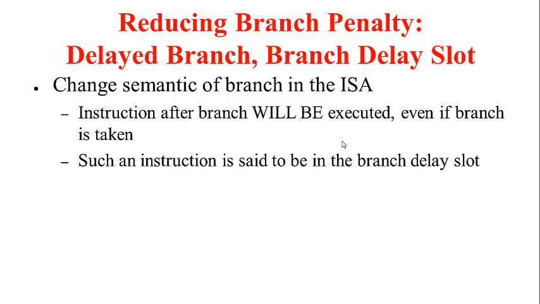Remember that the instruction set is the interface between the hardware and the software, and now with a delayed branch, the hardware is going to tell the software that the instruction after the branch instruction will always be executed even if the branch is taken. That is, the taking of the branch is delayed.